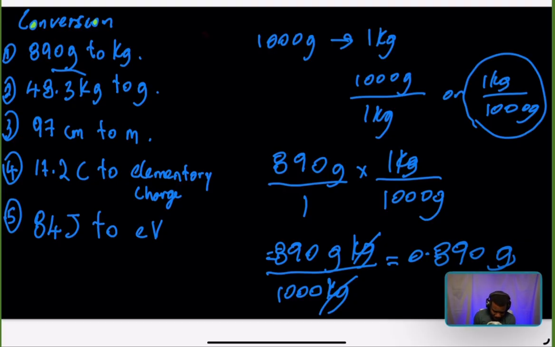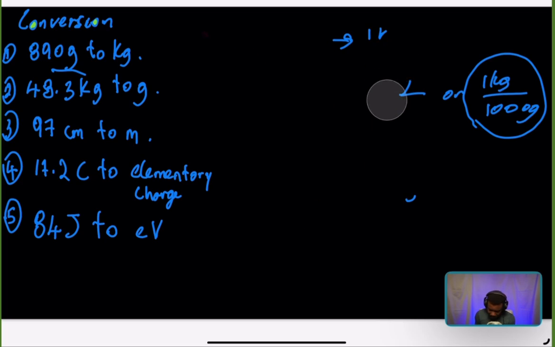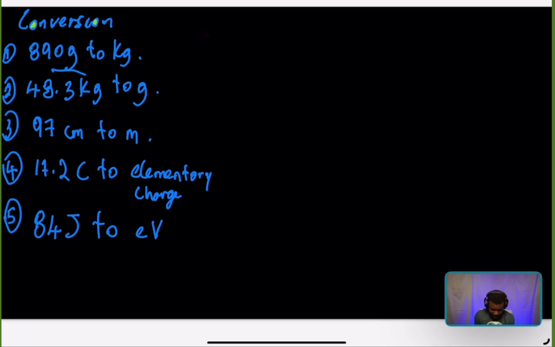Very, very simple. Let's look at the next one now. Now, the second one, we are trying to convert 48.3 kilograms to grams. Very simple as well. So now we are moving from kilograms to grams.